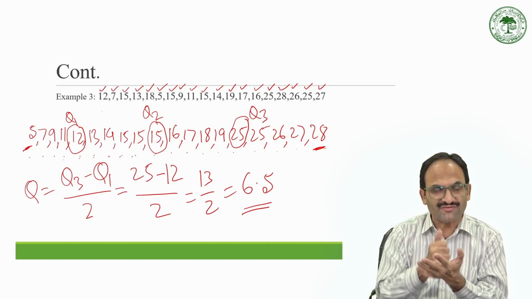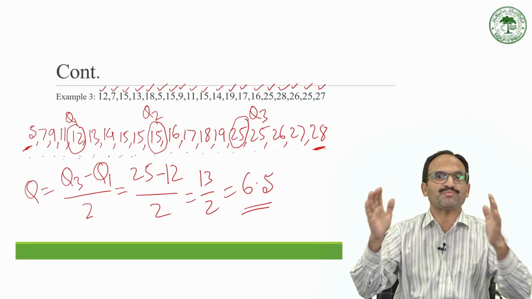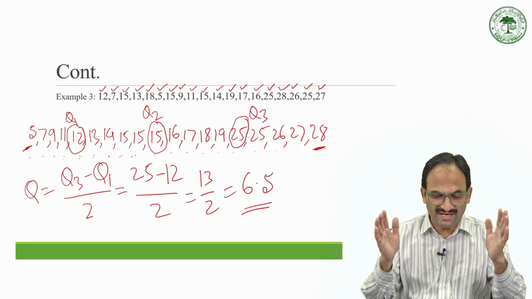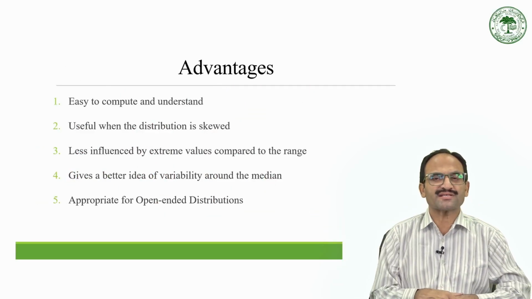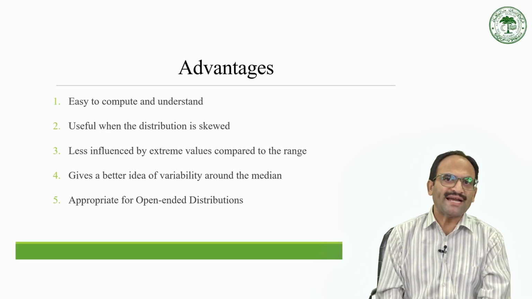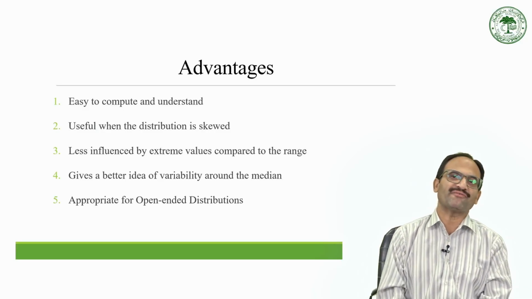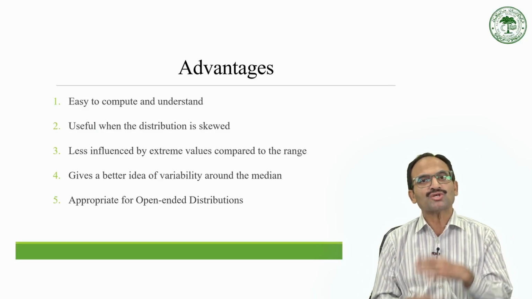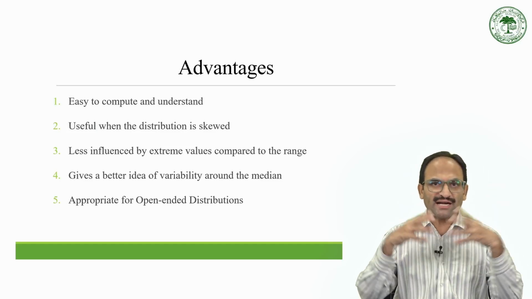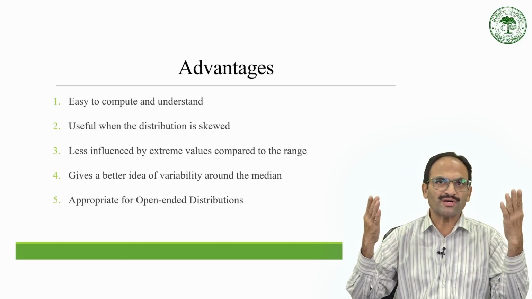And this quartile deviation value shows the spread of the data, the diversity in the data. Dear learners, this quartile deviation has so many advantages and disadvantages. First, let me explain the advantages, then we will talk about disadvantages.